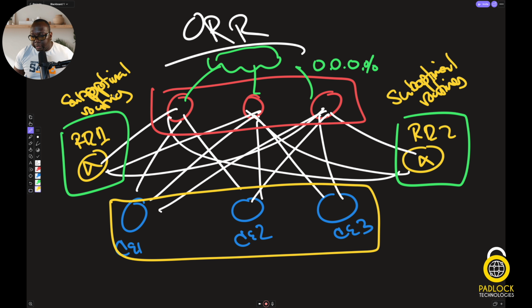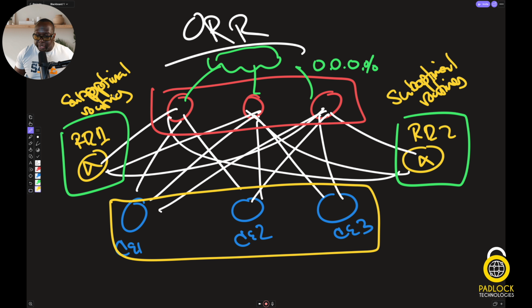What fixes the suboptimal routing, and you can only do this with a link state protocol, by the way, you cannot do this with a distance vector protocol. So be careful trying to implement this with a distance vector protocol, because there is certain information that needs to be sent out. So what optimal route reflection does is basically, if you're doing OSPF, it runs the reverse shortest path algorithm.